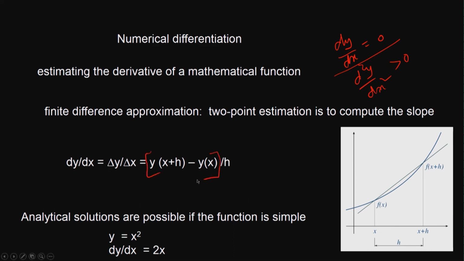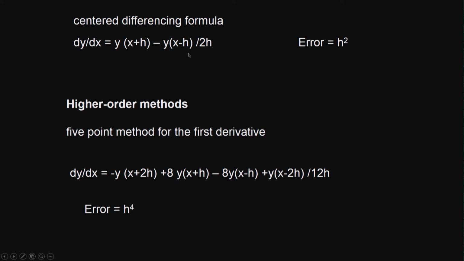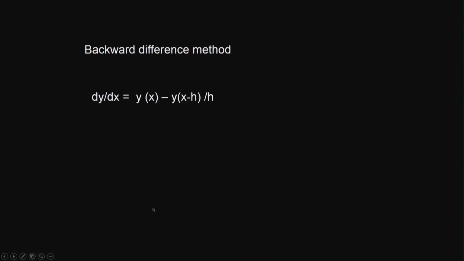And you have the center difference, that means you find out from x plus h and x minus h, divided by 2h, or we have a 5-point method which we follow, that means we take x plus 2h, x plus h, x minus h, x minus 2h, and then divide by 12h. Okay, the errors are very little in this type of method, or there is a backward difference, but again this also has an error of the order of h square.